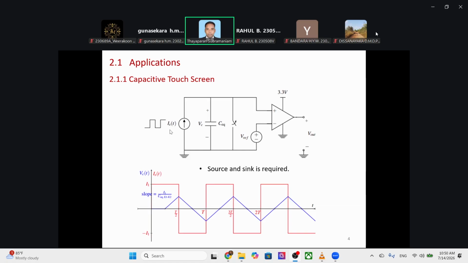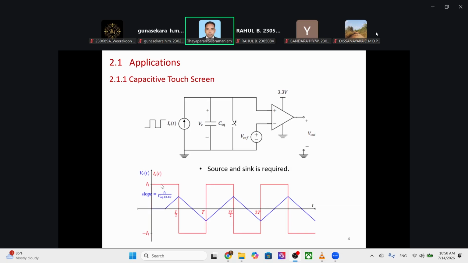What we have here is a current pulse. So what happens if we have a current pulse? If we send constant current, the capacitor voltage will increase, and when the current goes negative, it will decrease, right?